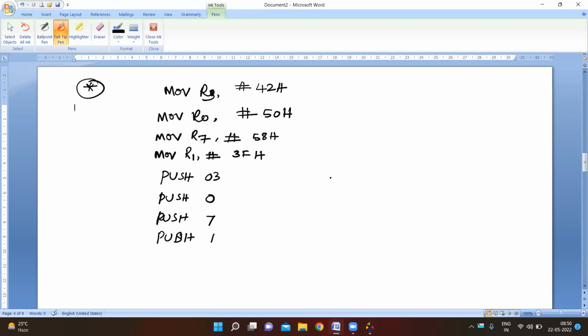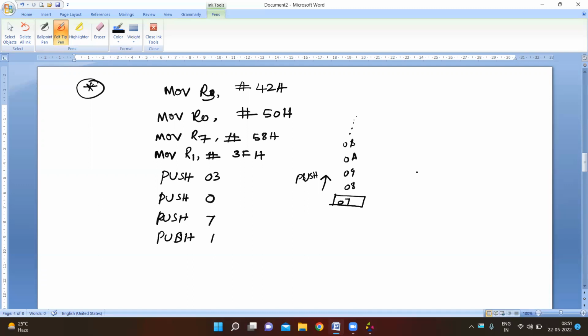Say initially the stack pointer is at the 07 location. Next 08, 09, 0A, 0B, and so on. The stack pointer will be incremented by 1 while executing push instructions, and it will be decremented by 1 while executing pop instructions.